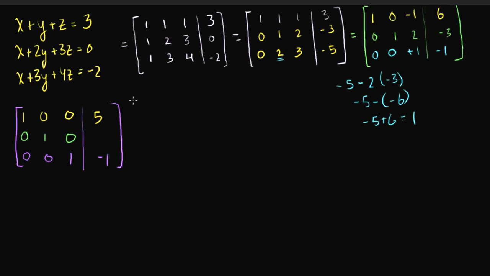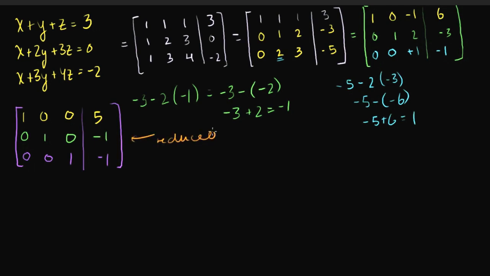Let me write that down. Minus 3 minus 2 times minus 1. Don't want to make a careless mistake. So what is that equal to? This is equal to minus 3 minus minus 2, or minus 3 plus 2, which is equal to minus 1. So that's equal to minus 1. And now I have my augmented matrix in reduced row echelon form.